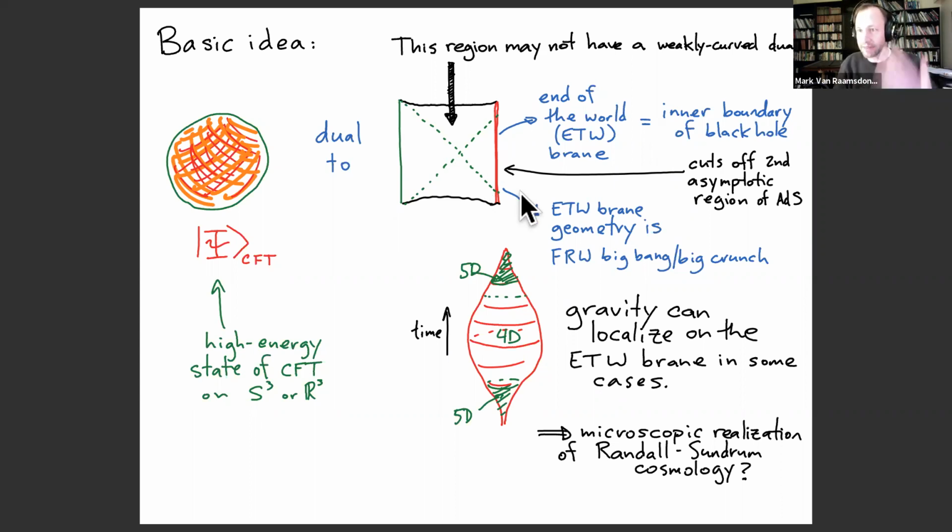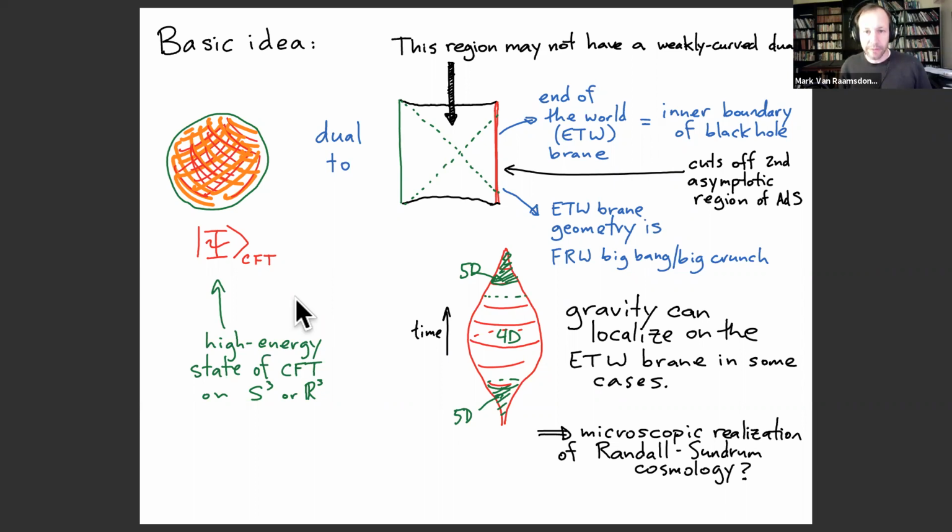And then it would be even more like 4D cosmology, because the 5D part is strongly curved and non-geometrical. That would be the situation if the CFT that we start with is maybe not a conventional holographic theory. Okay, but we'll understand that much better later on.